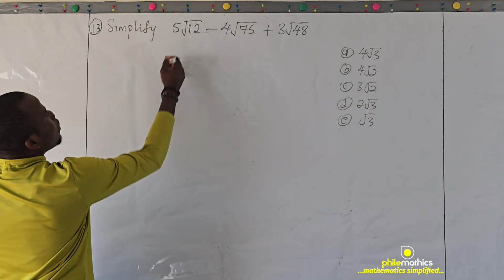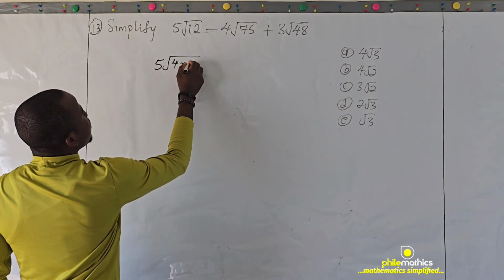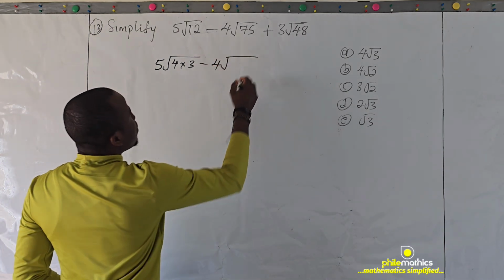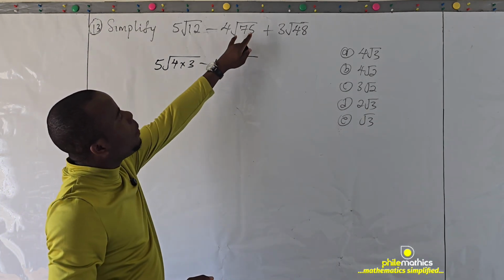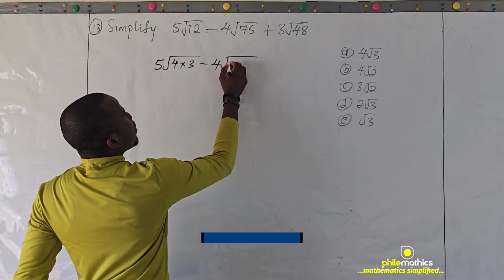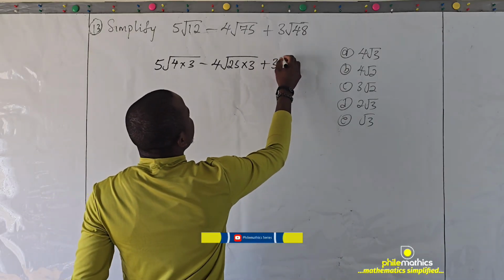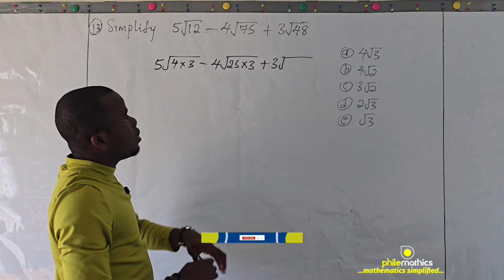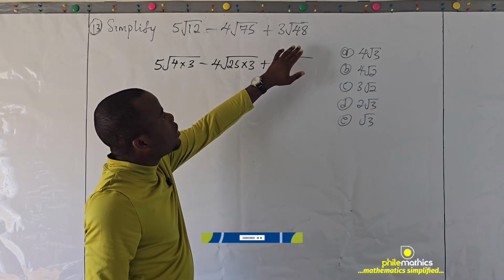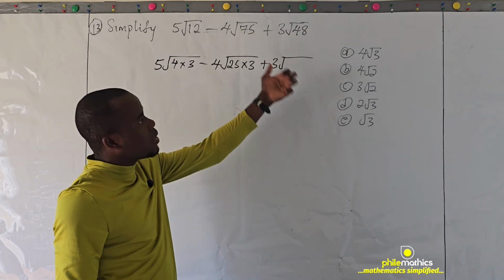And so I can reduce this as 5 root 4 times 3 minus, if you look at 75, the largest perfect square inside is 25. So I can reduce it as 25 times 3. And finally, if you look at 48, I can reduce this as 16 times 3.